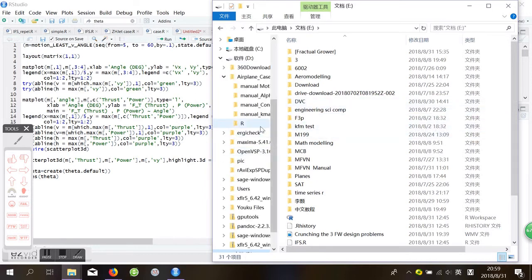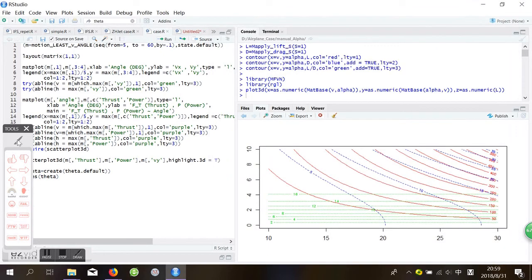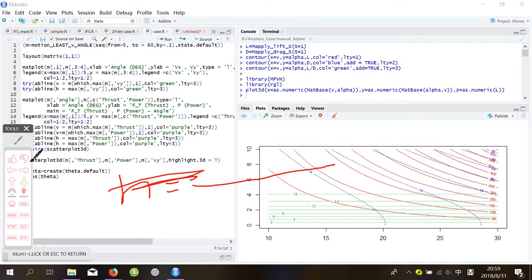So the load factor is the n, which indicates how many times the force that some object is experiencing, relative to the gravity.